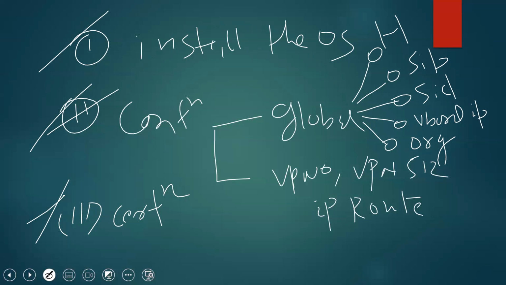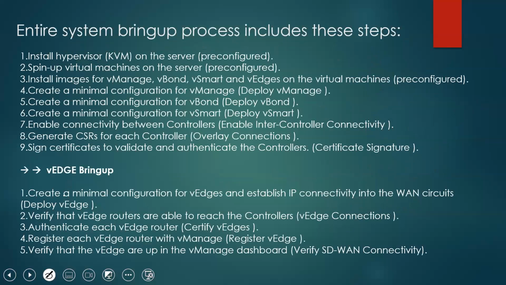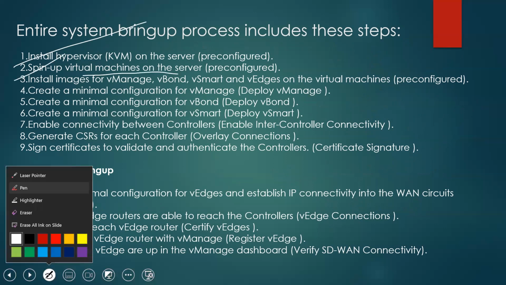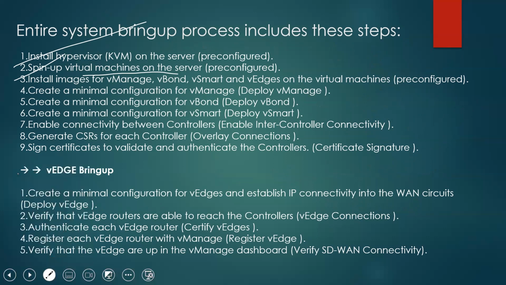Right? So knowing this, let me show you everything in the slide. So here you have the slide. Install the hypervisor, spin up the virtual machine, install the images we want, vSmart, right?